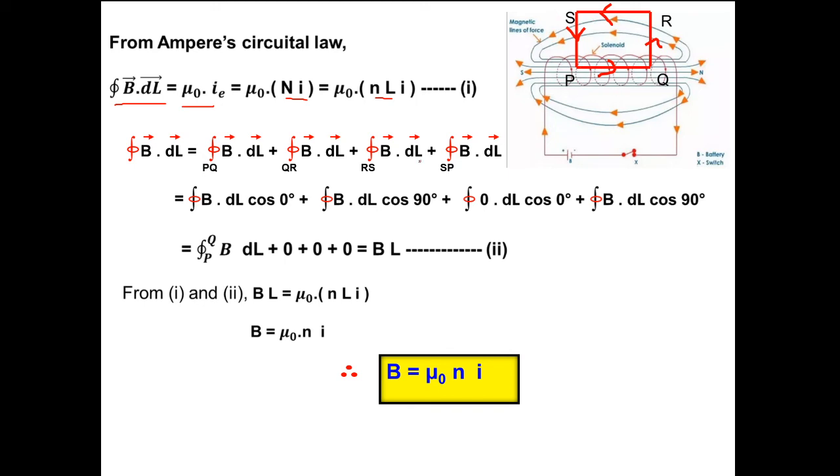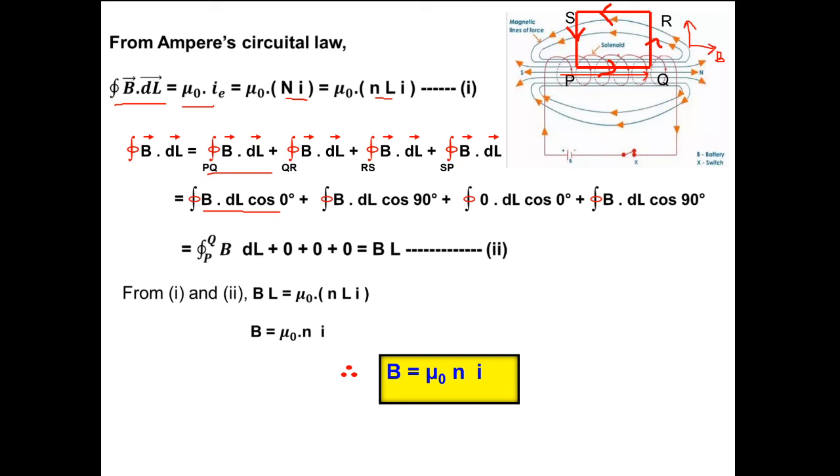Now here see, the direction of the magnetic field is along this, and the length of the loop is along this, so the angle between dl and B is 0 degrees. So this value will be B dl cos 0 degrees. Here it will be B dl cos 90 degrees because dl is perpendicular to B. B is along this side and dl is along this side.